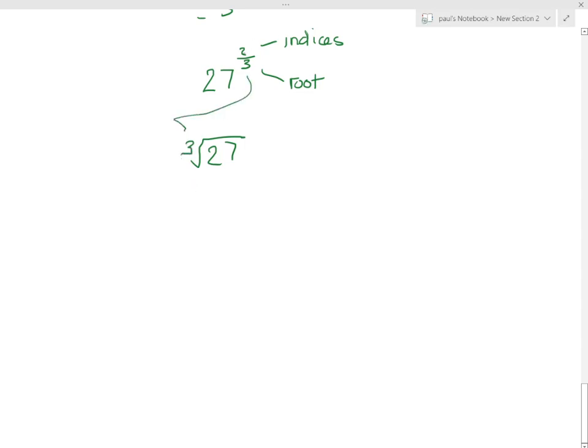And this tells us everything is squared. Now the cube root of 27 is 3: 3 times 3 is 9, times 3 is 27. So that comes up as 3. And then don't forget the squared. 3 squared equals 9. So there's a fractional power.